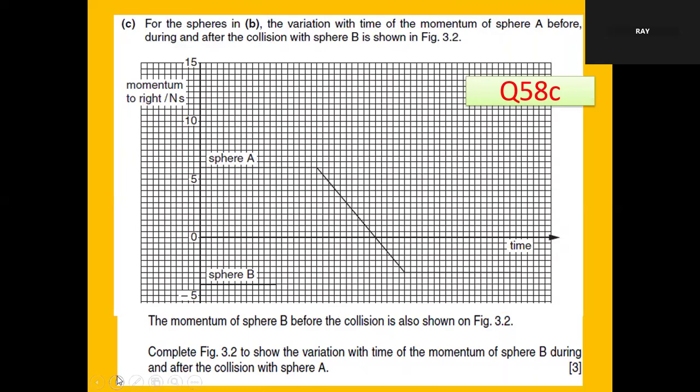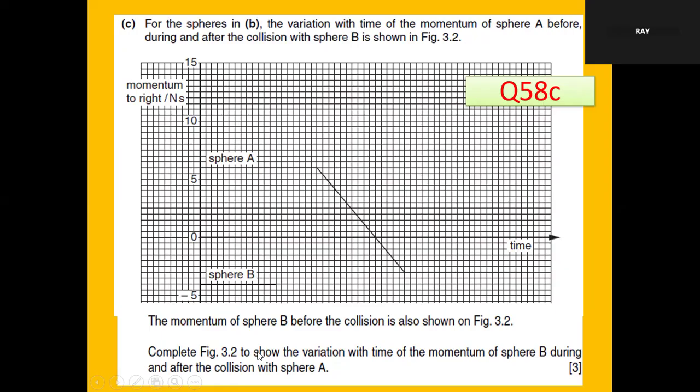I'm going fast because we are running out of time. For sphere B, the variation with time of momentum of sphere A before, during and after the collision with sphere B is shown in the figure. That's sphere A, that's sphere B. Momentum of sphere B before collision is also shown in figure 3.2.